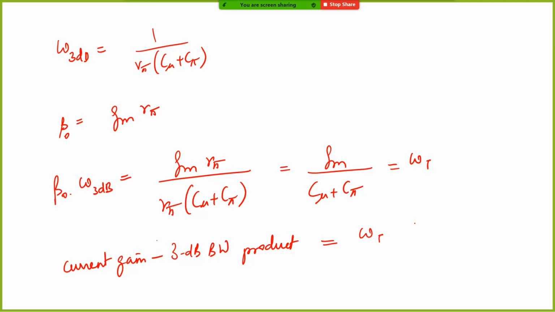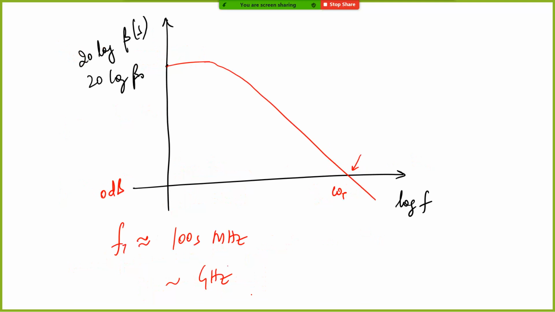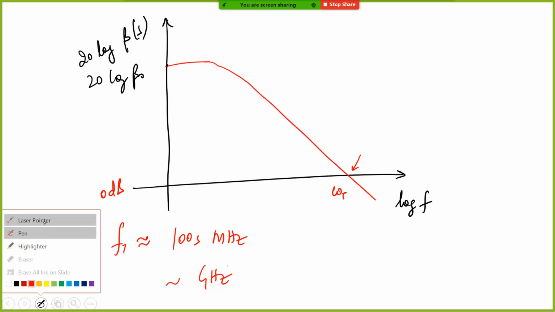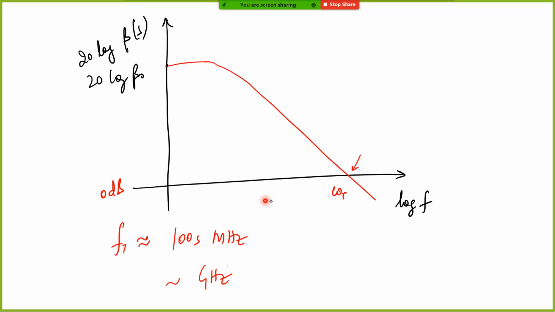The product of the gain and the bandwidth is a constant for a first order system, and the product of these two is equal to your unity gain frequency. It is maintained even if you have feedback and other things.